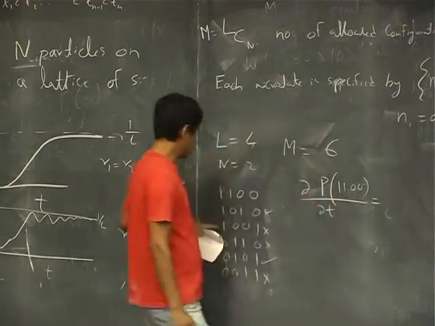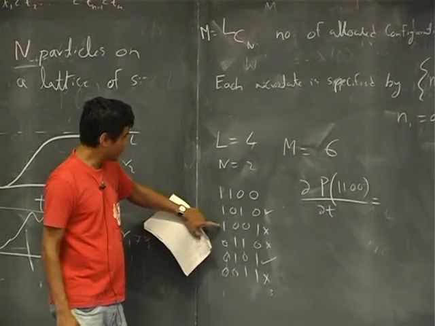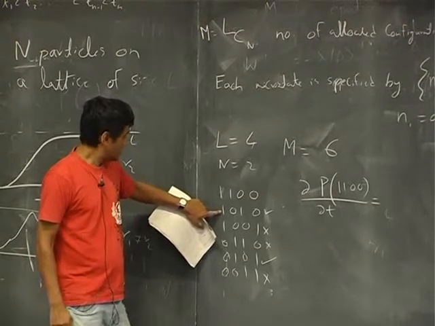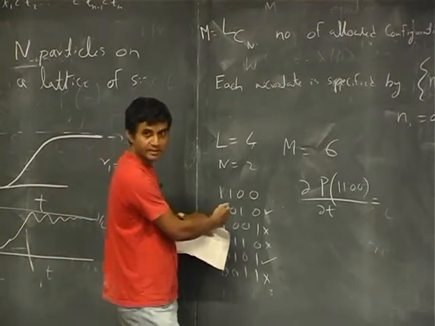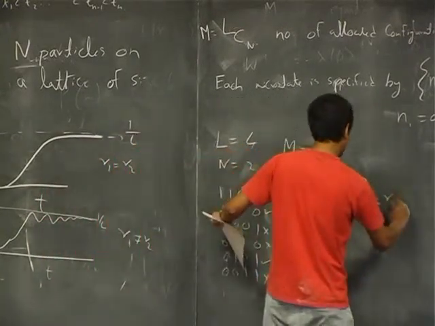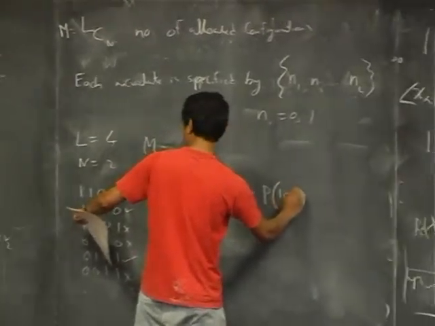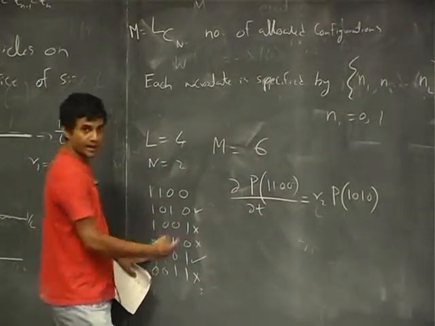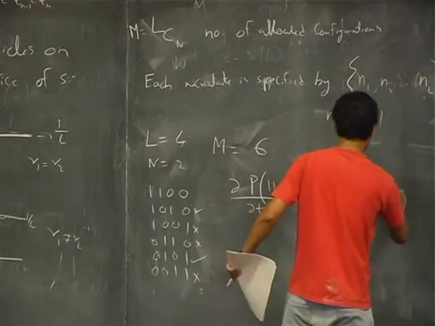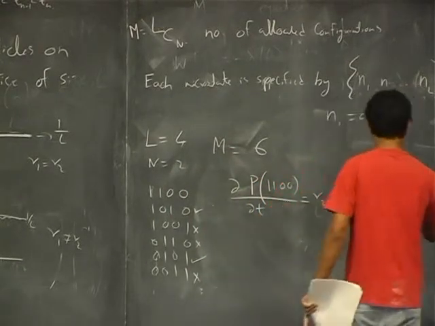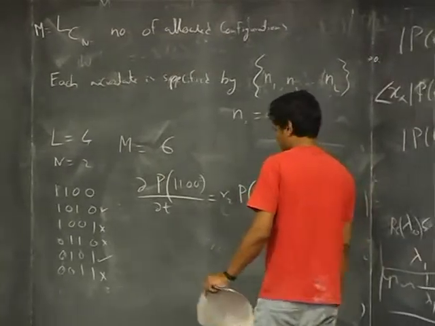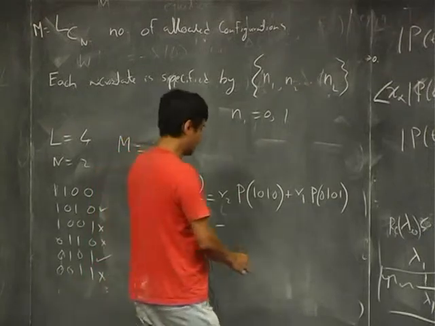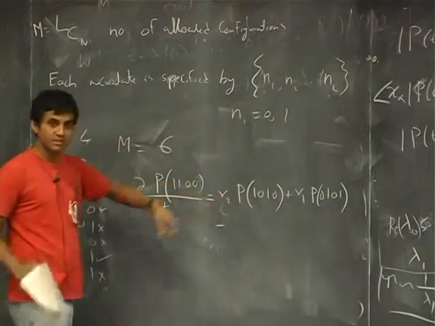So you have to write some gain terms. From this, what is the rate? It is going like this, so that's R2 times P of 1010. And then this one is going to the right, so that's R1, plus R1 times P of the other state. Then the loss term: it's gaining from these, and it can also lose to those.